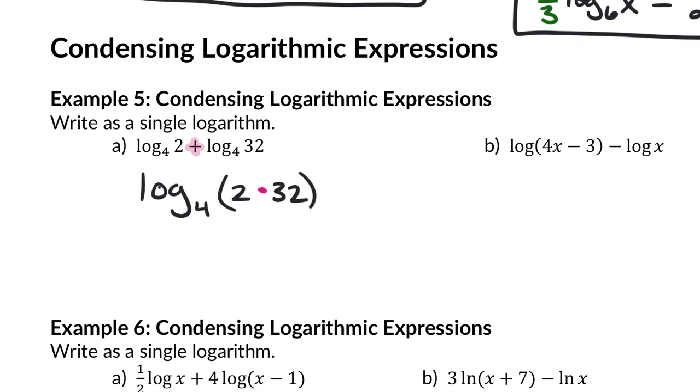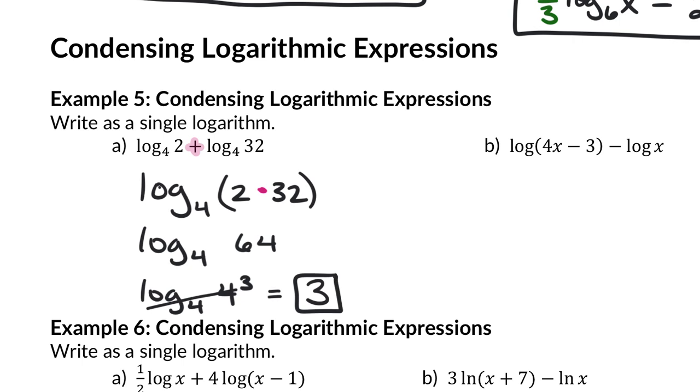So 2 times 32, that's log base 4 of 64. I don't really need these parentheses anymore. And then if I notice 64 is a part of the 4 power family, 64 is 4 raised to what power? 3. And if I notice log base 4 of 4, that's going to cancel out. We'd be left with 3.